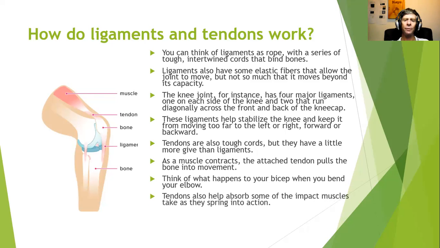Tendons also help to absorb some of the impact muscles take as they spring into action. Whenever you're walking, your tendons in your knee are absorbing the impact of the shock of the floor. So whenever you walk, you've got gravity pushing down from the skull area, basically, and you've got the shock of the floor pushing up.